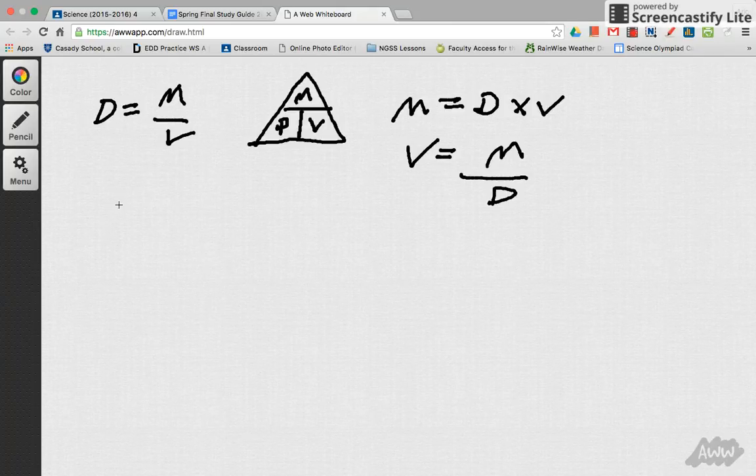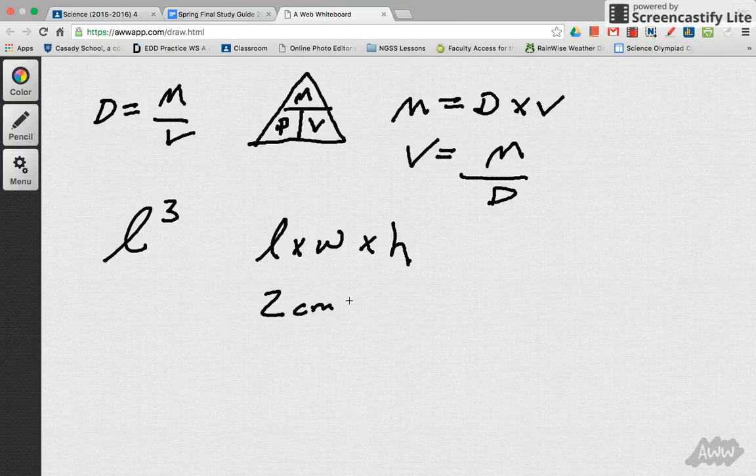Then the volume of a cube, all right? So the volume of a cube is going to be length cubed. Another way of thinking about it is you're basically taking the length times the width times the height. And since all of those are the same, it's the same thing as cubing one side. Now, remember here, let's say we had 2 centimeters times 2 centimeters times 2 centimeters.